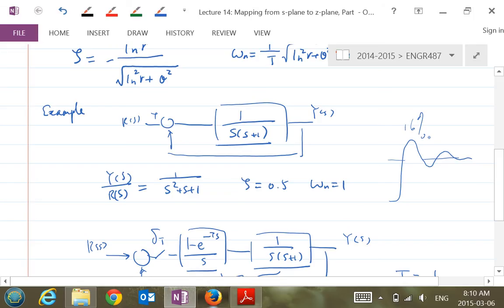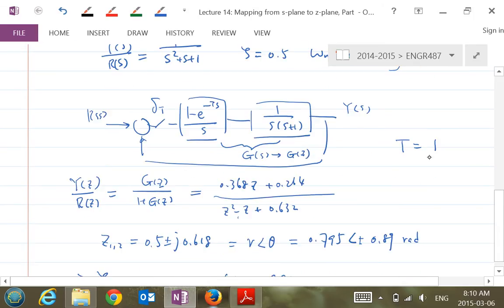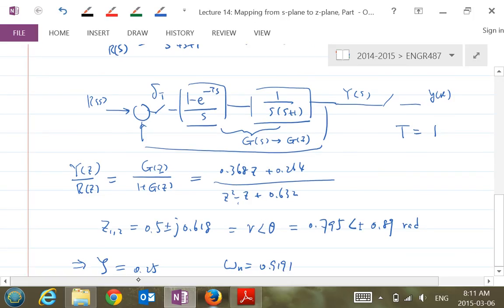However, with the sampling, you're looking at a discrete system now. Let's say we're looking at a discrete response, because this is a z transfer function. Your corresponding zeta here is 0.25 now. So what would you expect the response y of k to be if you give a step input?